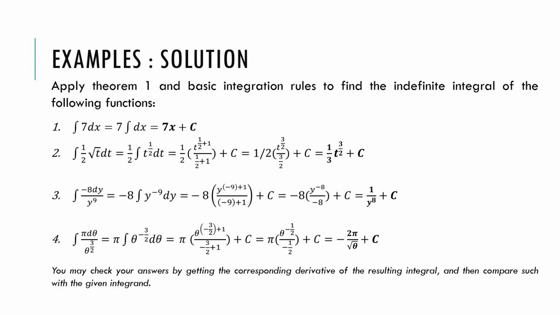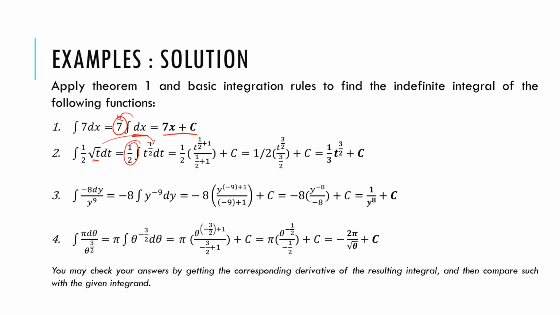So number 1 is in isolation, 7. In isolation natin 7. Then using the basic integration rules, we have 7x plus c, or the constant multiple rule. Next is we have in isolation 1/2, then naging law of exponent.